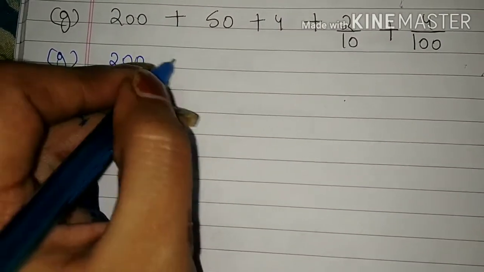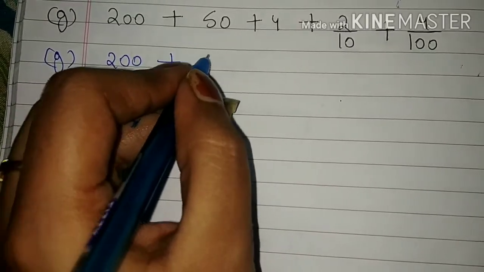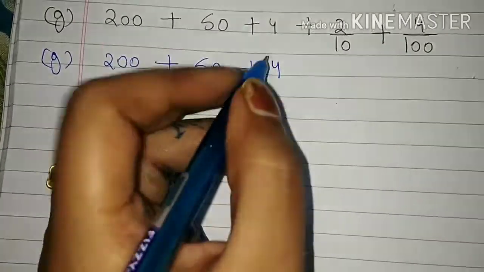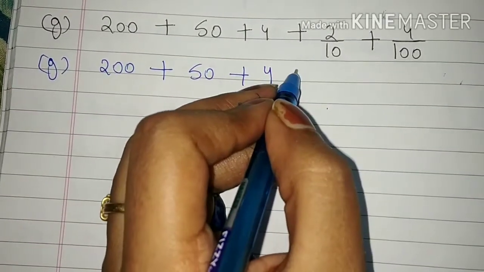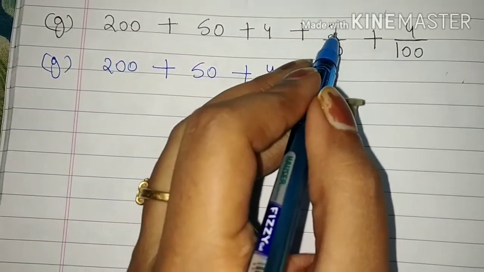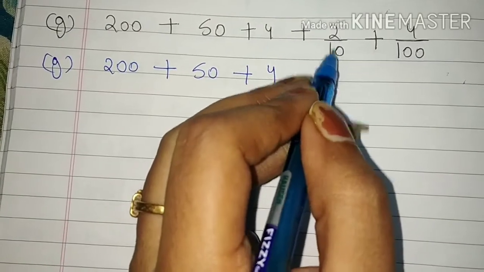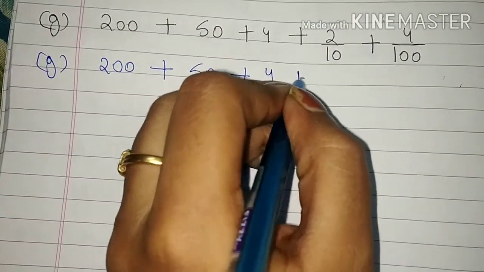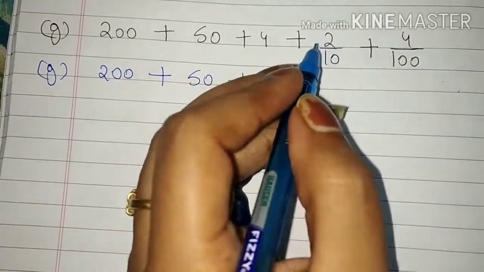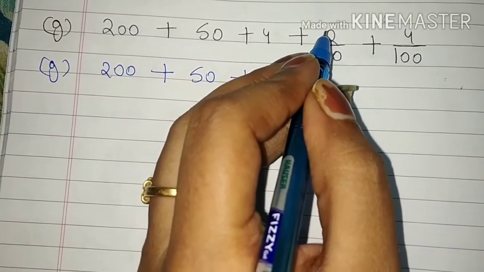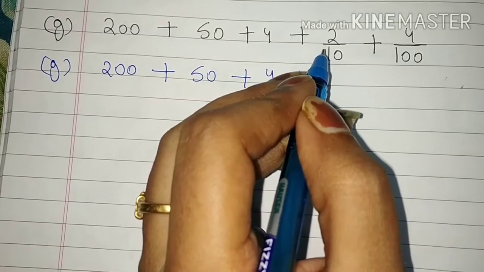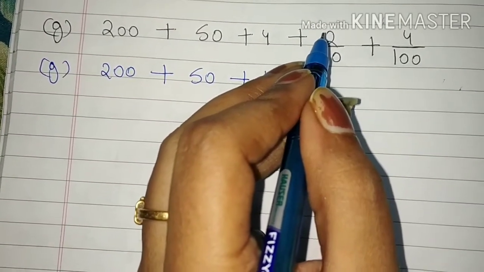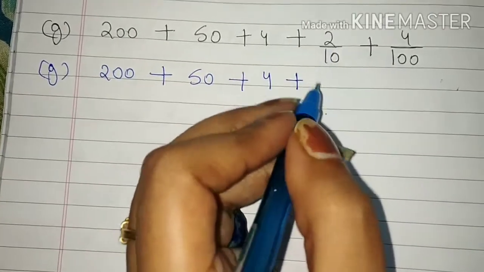200 plus 50 plus 4. Students, here we will convert 2 by 10 into decimal. Plus, now students, you can see here numerator is 2 and denominator is 10. So students, first of all, we will write the numerator 2 here.